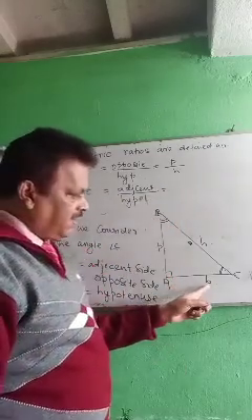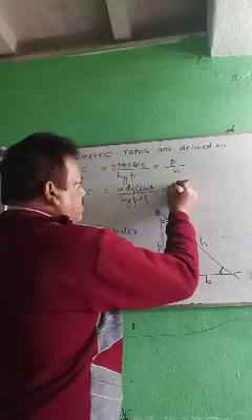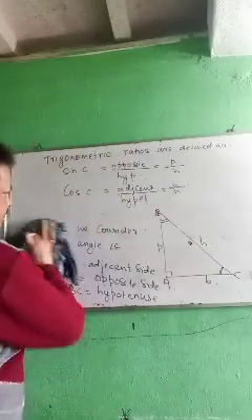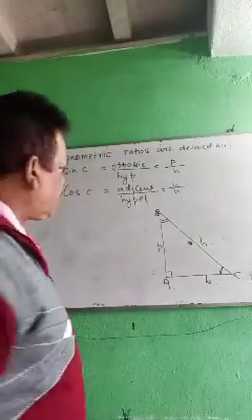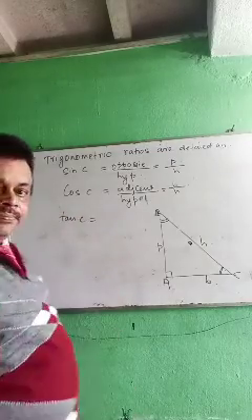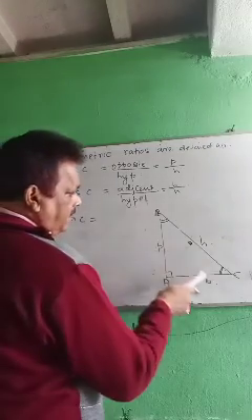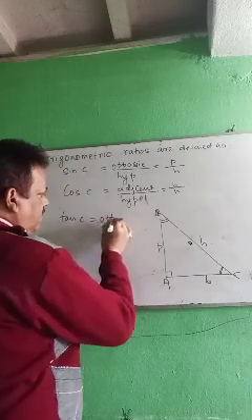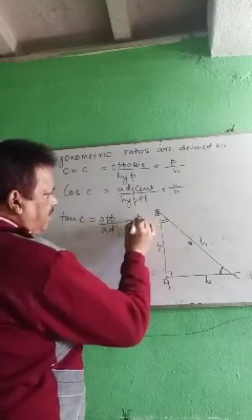The adjacent means B, base, B by H. Then other ratios, tan C will be P by B, opposite by adjacent. That is P by B.